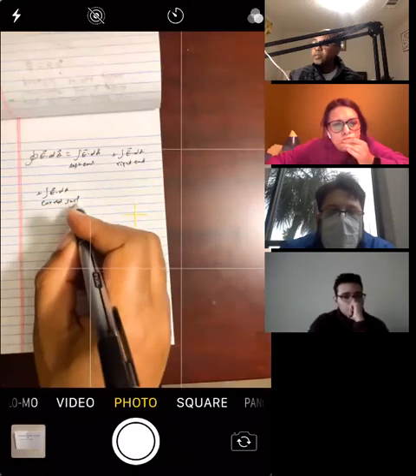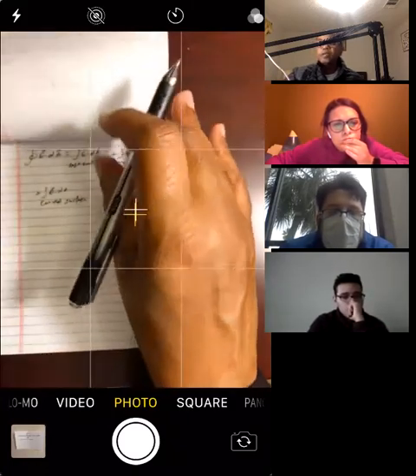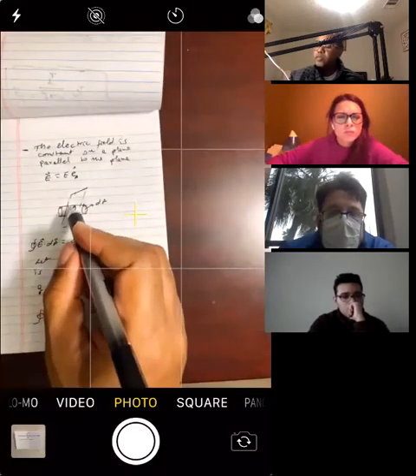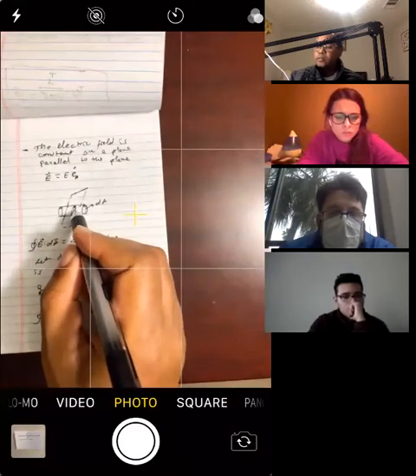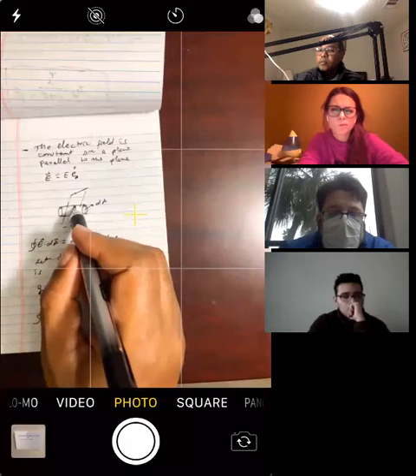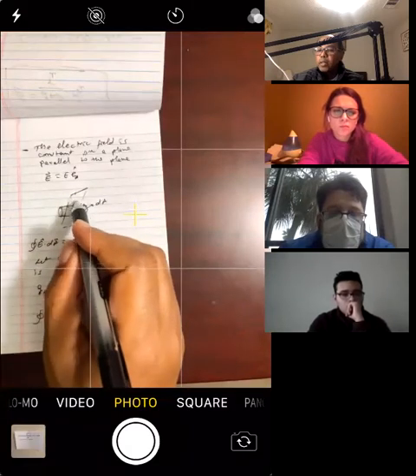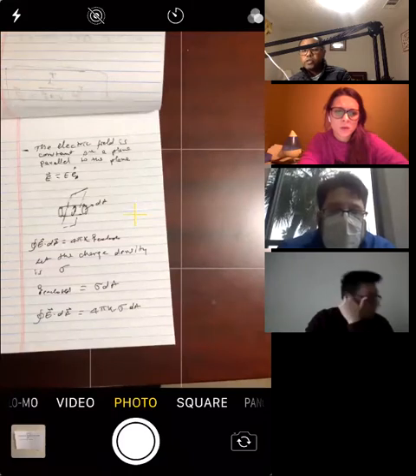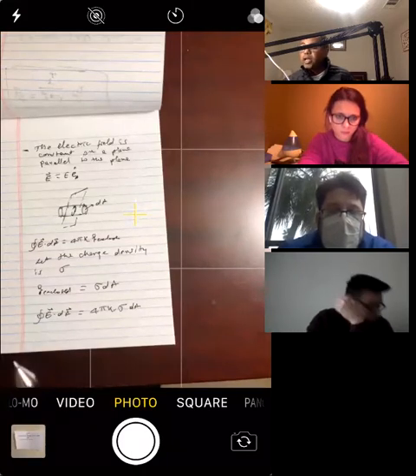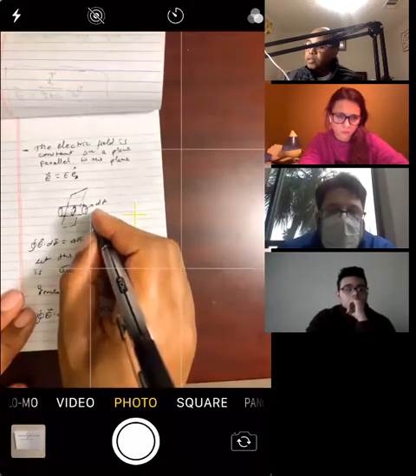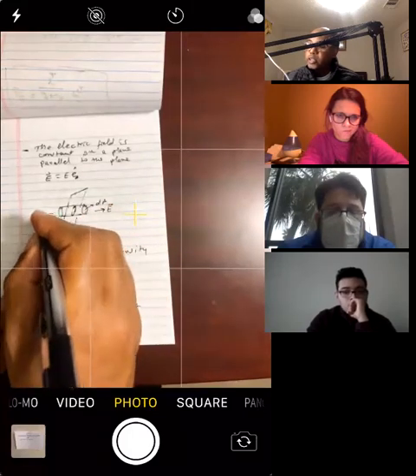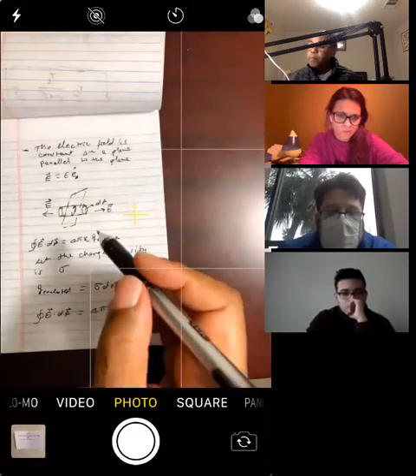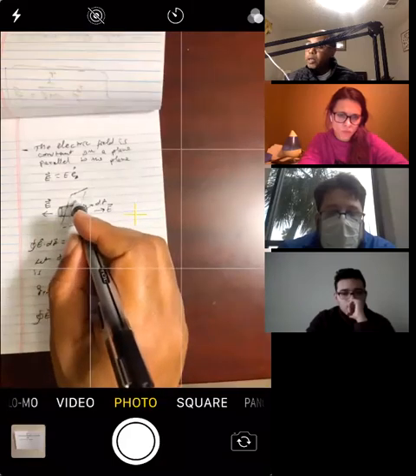Okay, let's start with the curved surface. Can you tell me the direction of the area on the curved surface? On the curved surface, the area direction is always perpendicular to the axis of the cylinder, right? The electric field we have concluded is in this direction, but the area is parallel to the plane.